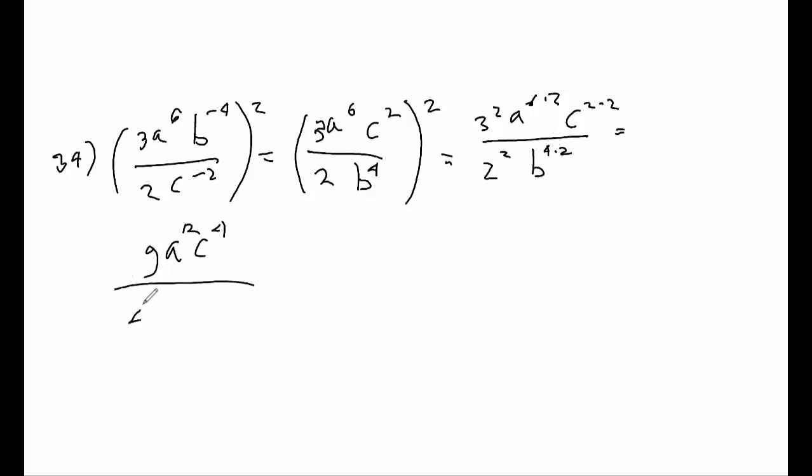Well, that'll give me 4. And then b is the 4 times 2, and that'll give me b to the 8th. And since all these bases are different, and there's nothing I can simplify this with, then I am done. And this is as simplified as I could make this particular expression.